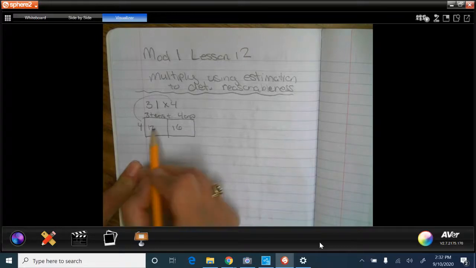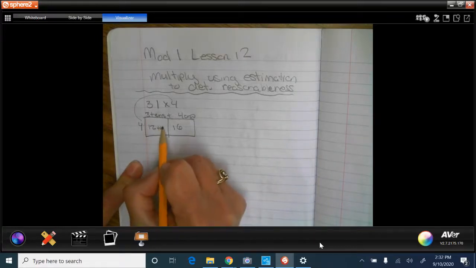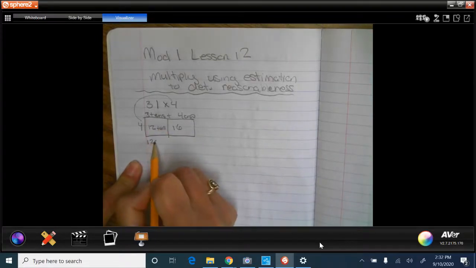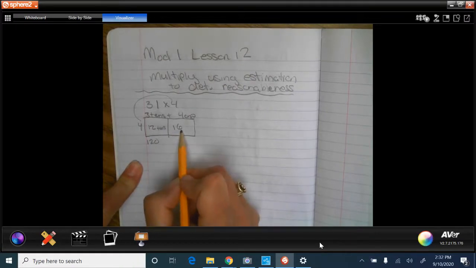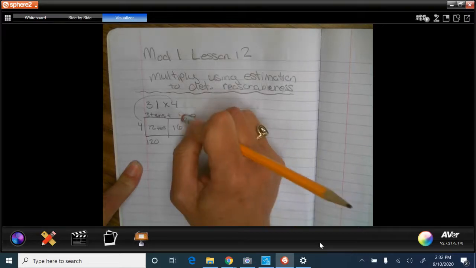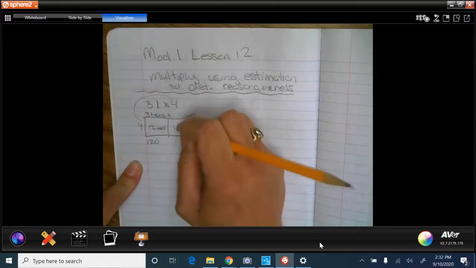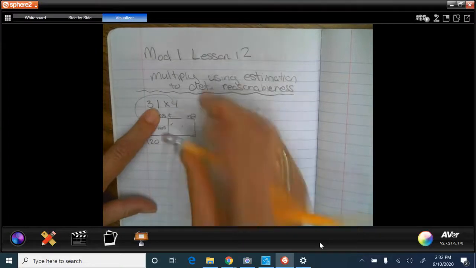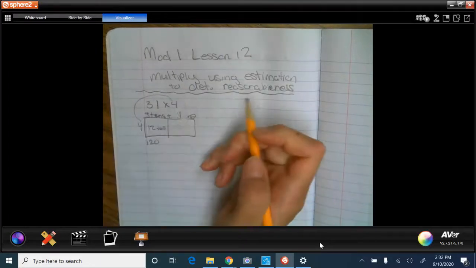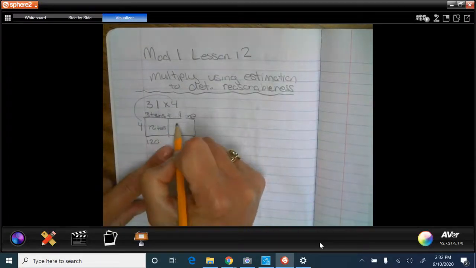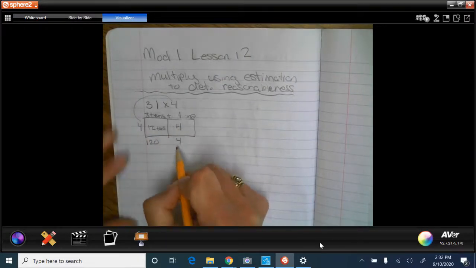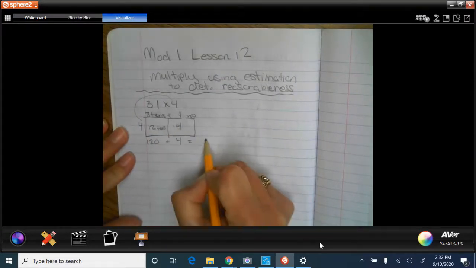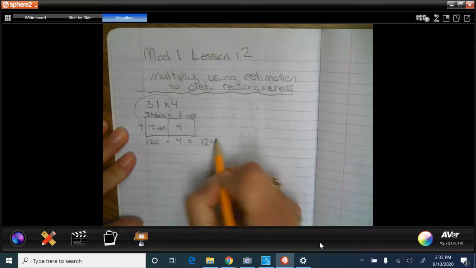So that gives me 12 tens, which is actually 120, right? 12 tens is 120. And 16 ones. Oh, this 4 doesn't go here. This is a 1, right? 31. 1 times 4 is 4, which leaves me with 4 ones. Well, 120 plus 4 equals 124.